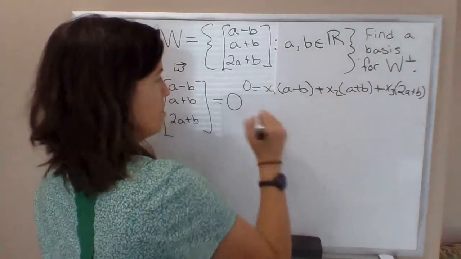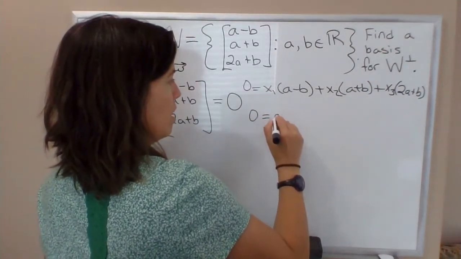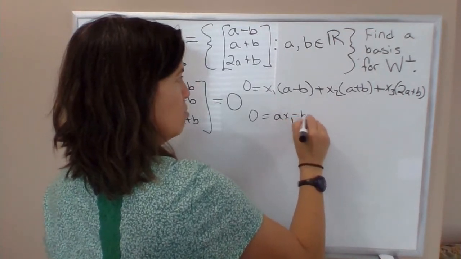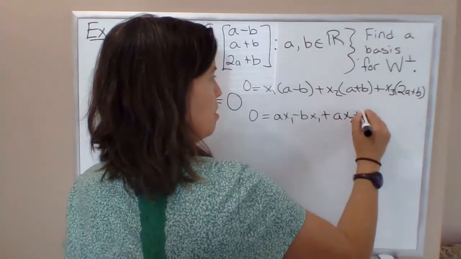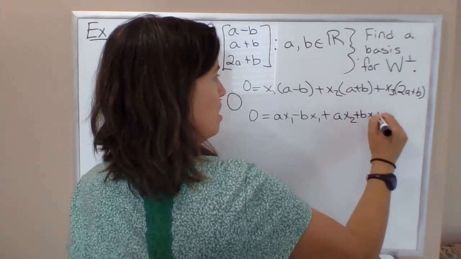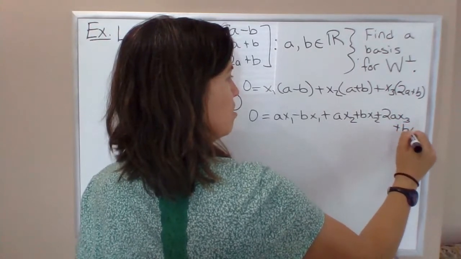So I'm going to multiply this out. This part's going to be a bit dull. 0 equals A times x1 minus B times x1 plus A times x2 plus B times x2, and then 2A times x3 plus B times x3.